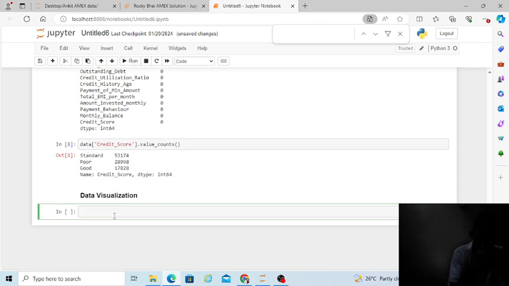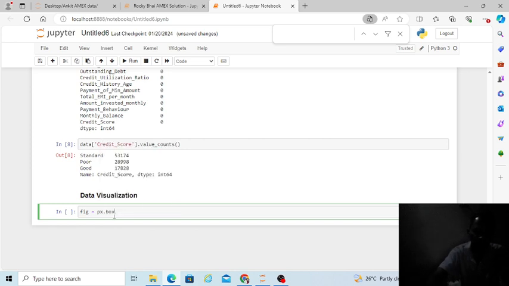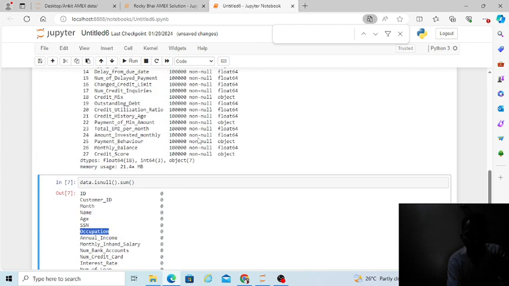For that, I am going to do fig equal to px.box, data, and our x value is equal to occupation. We will take one by one each column, starting with occupation, and visualize our data.